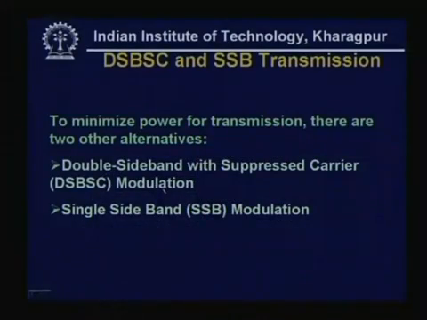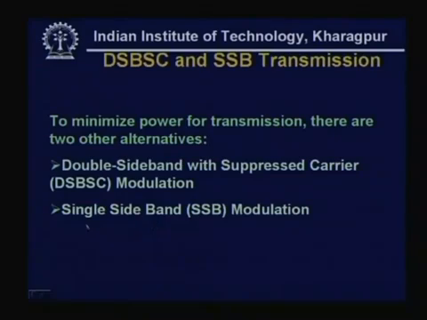So, that has led to what is known as double sideband with suppressed carrier modulation. So, transmission is possible by suppressing the carrier and by sending only the two sidebands. Another alternative is you can send one of the two sidebands. So, the original signal can be theoretically recovered.